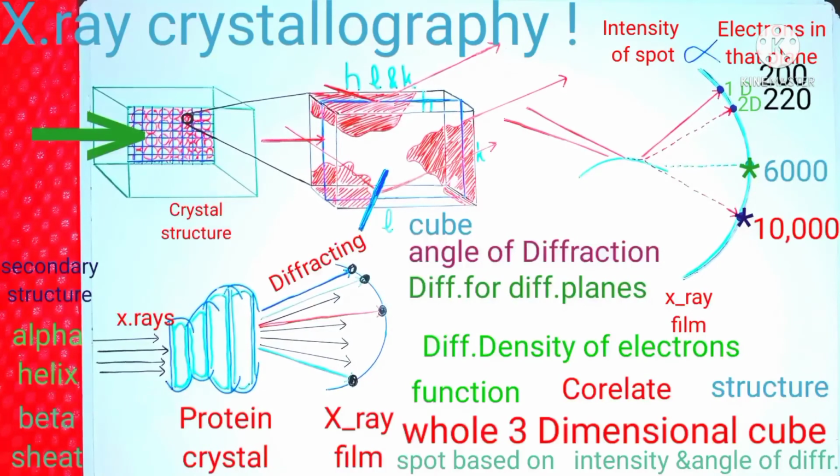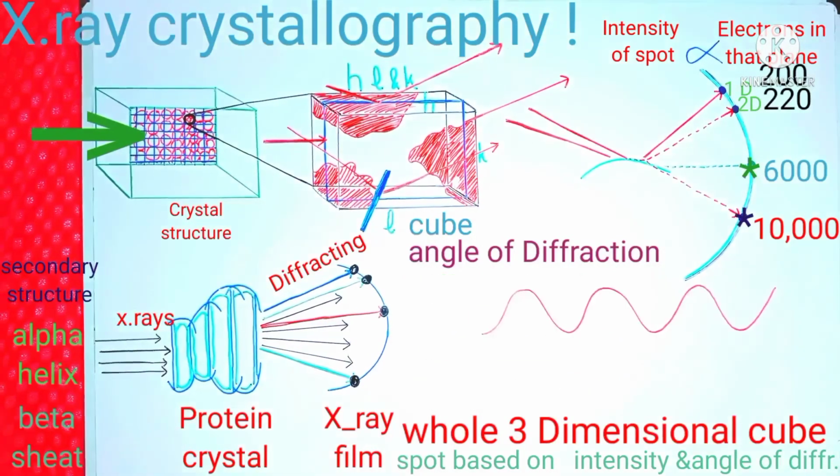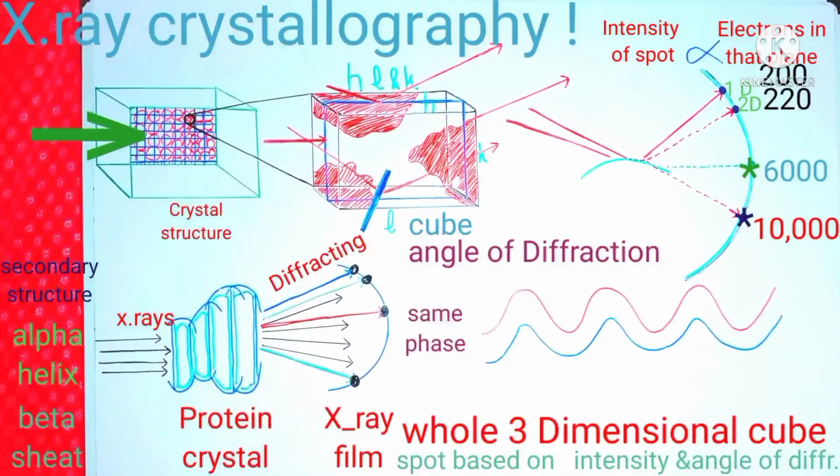But the idea is, whenever there is diffraction from the nearby range of electrons, the nearby range of atoms of the molecule, the diffracted waves could be in two different ways. It could be in the same phase. Let's say it is coming from two consecutive areas of the atoms of the molecule, and both of them are in phase.